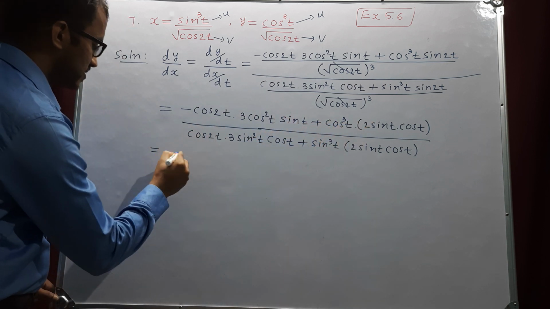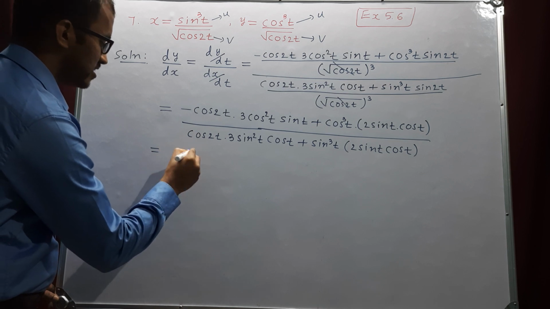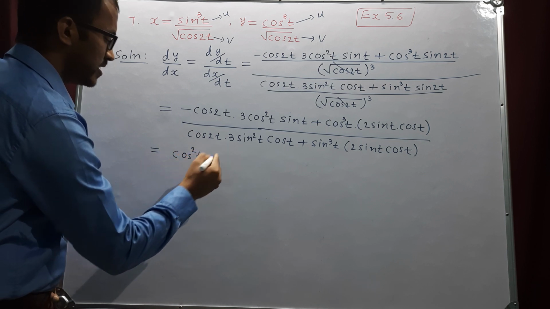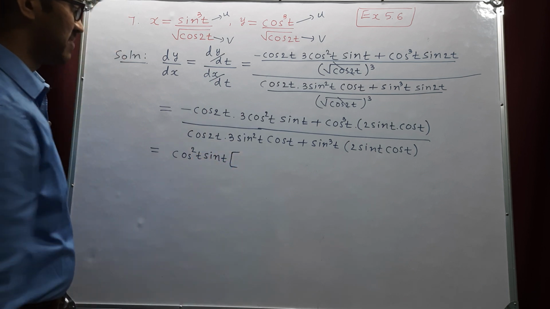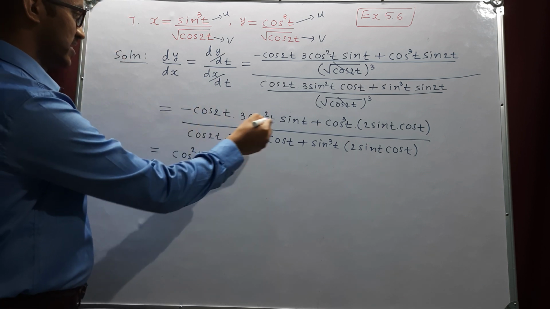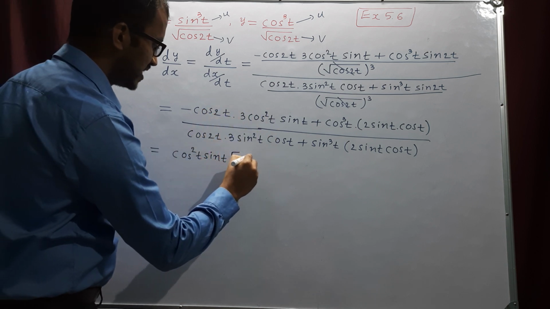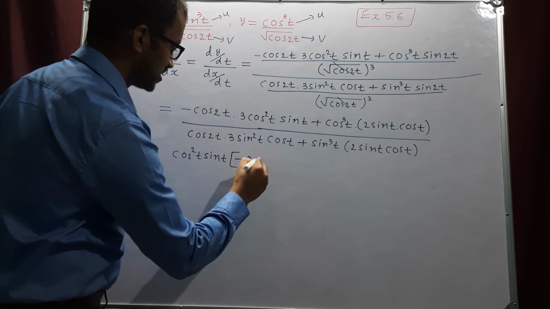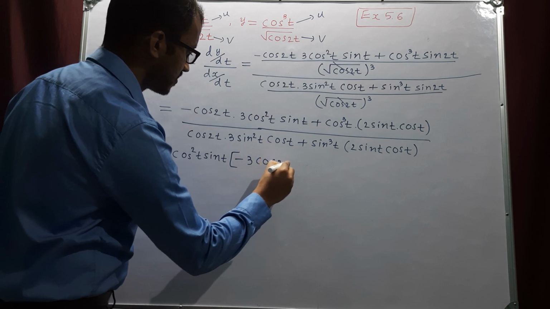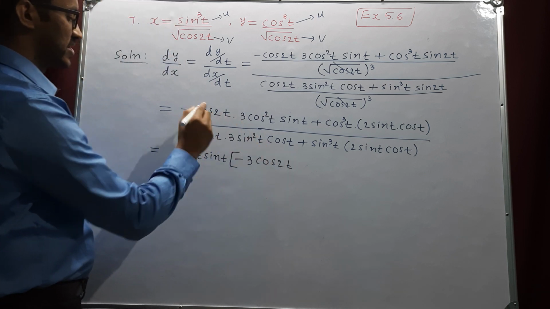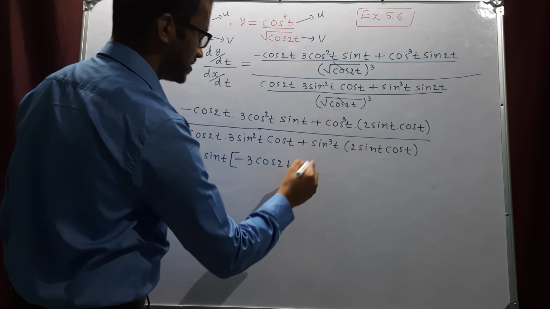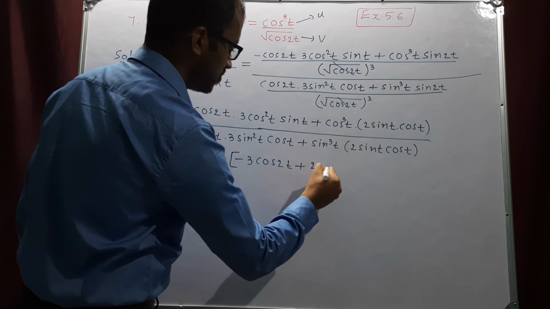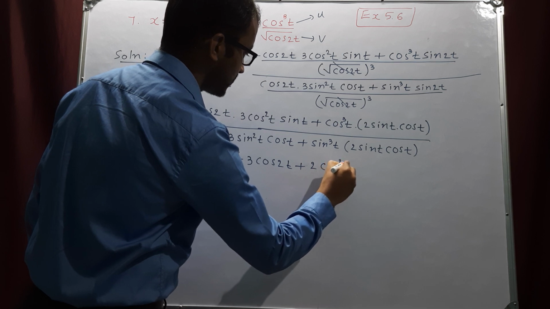So that is, if I take cos square t into sin t, remaining thing, what is remaining thing here? Minus 3 cos 2t plus 2 cos square t.